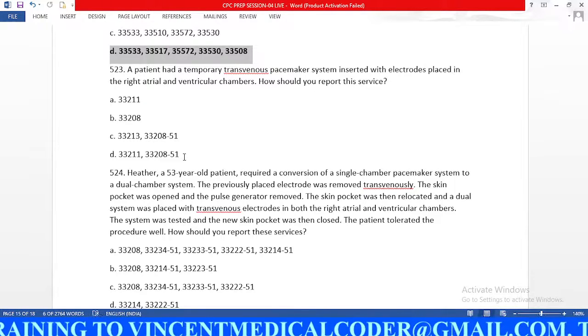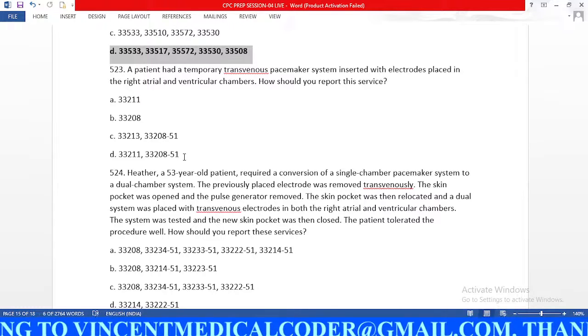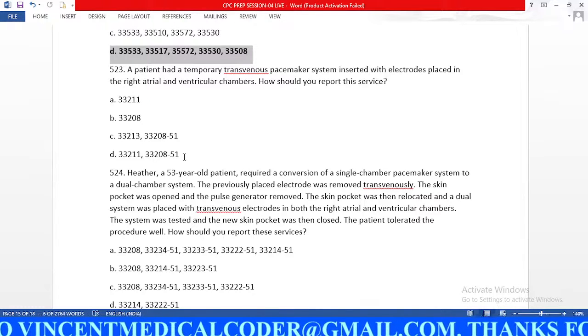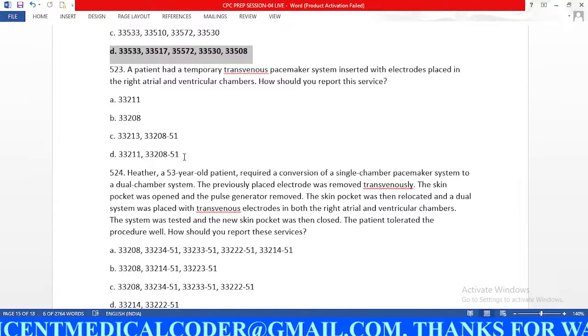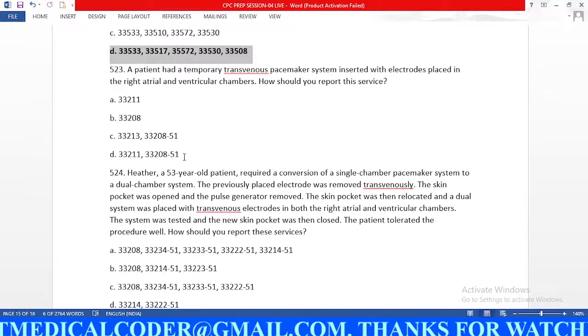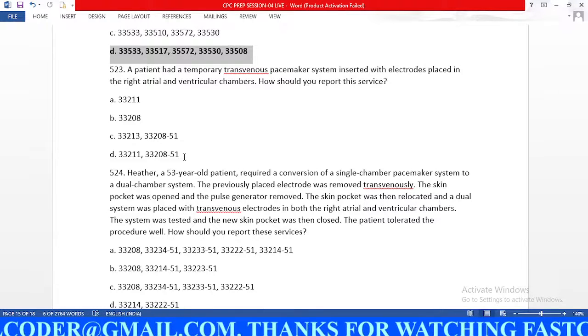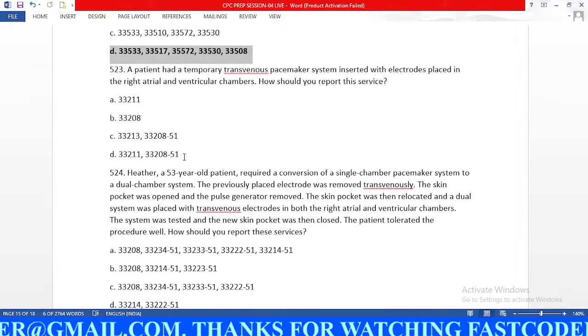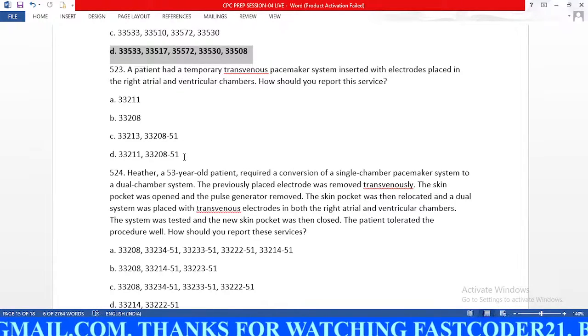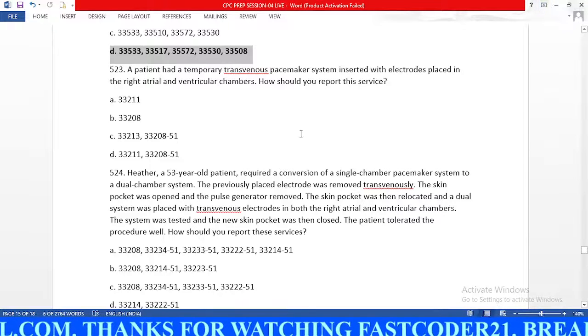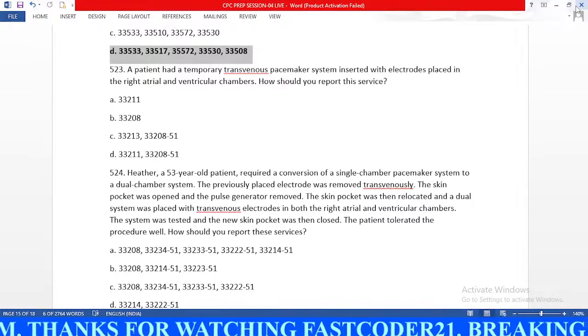Yeah, thank you, Drakshayani. I hope you all are trying this question. It is very easy. You just need to check 33211 first, whether that code description matches our question or not. Next, check 33208. Here also you just need to compare, nothing complex.